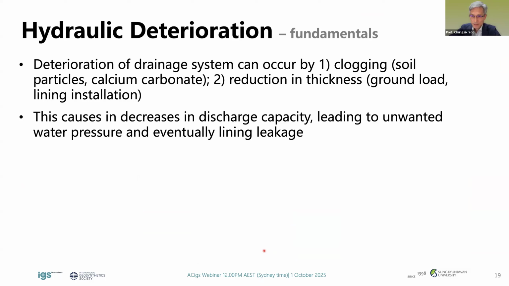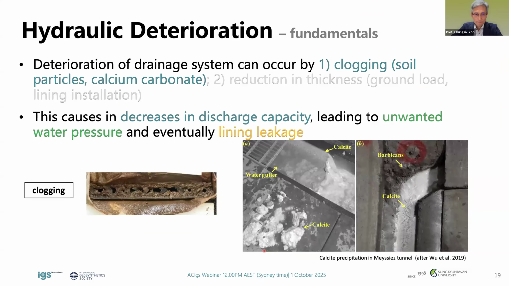So let's start with clogging. The drainage layer gets clogged by soil particles and or calcium carbonate in water. Because we are talking about water flow, right? From the ground through the shotcrete layer and through the drainage layer, we have groundwater flow.